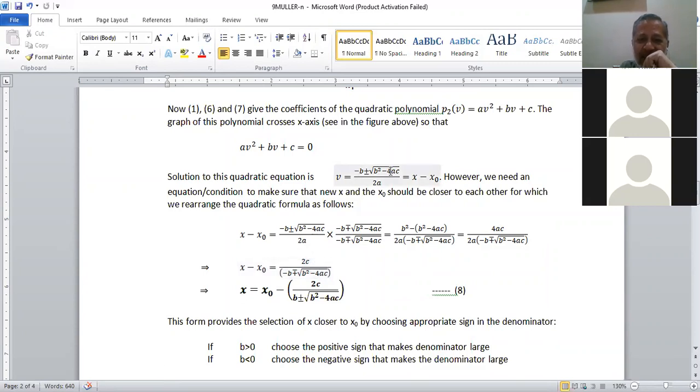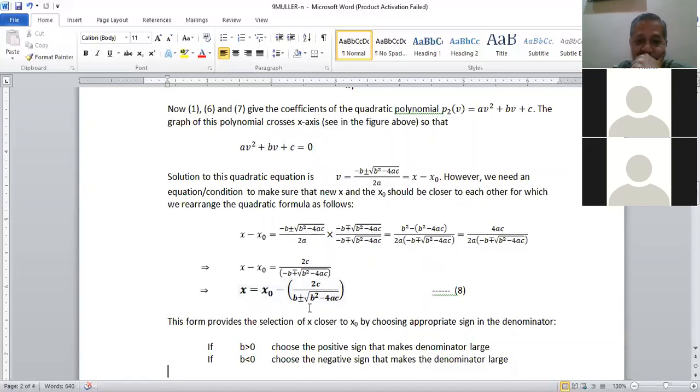That is why this expression was not very useful. To make the numerator here very small is not simple, but to make the denominator here very large or larger in some sense is much easier.